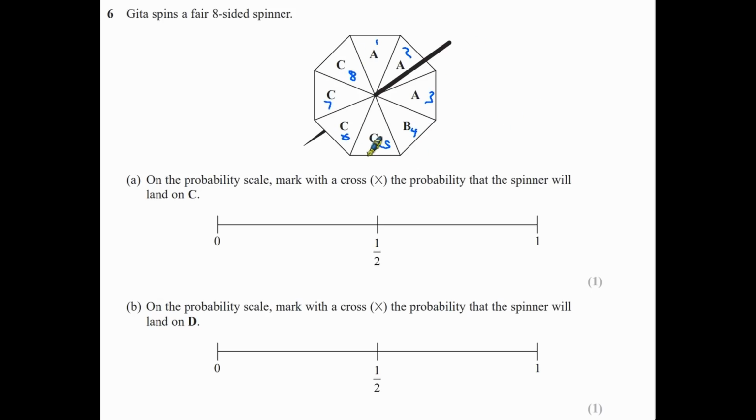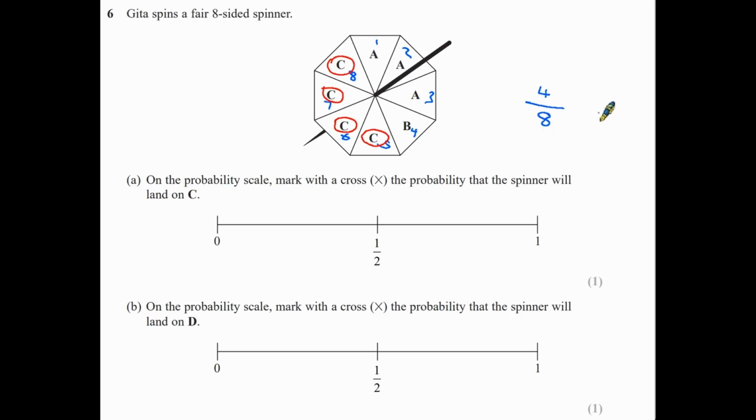So it could land on any of the 8 sides. So a probability is going to be out of 8. We are looking for the probability it will land on C. How many C's are there? 1, 2, 3, 4. So out of the 8 ways it could land, 4 of them would result in a C.